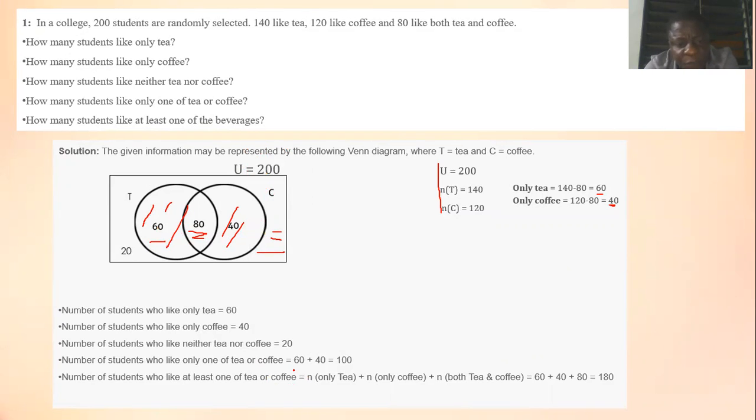So let's check. 60 plus 40 will give us 100, plus the 80 will give us 180. That is not up to the number of people who were randomly selected. It means that 20 of the people remaining in that selection selected neither tea nor coffee.